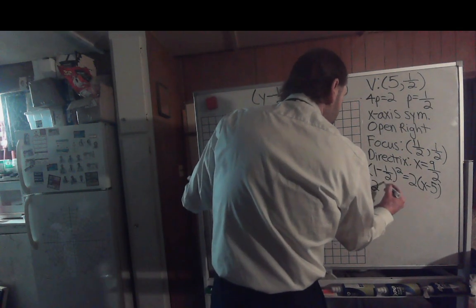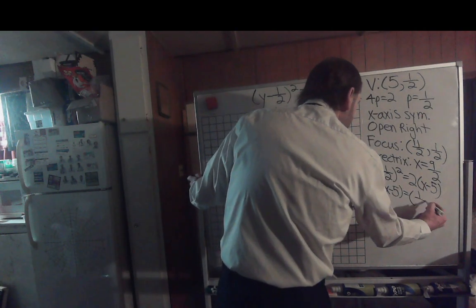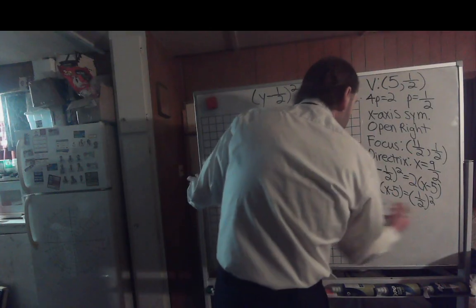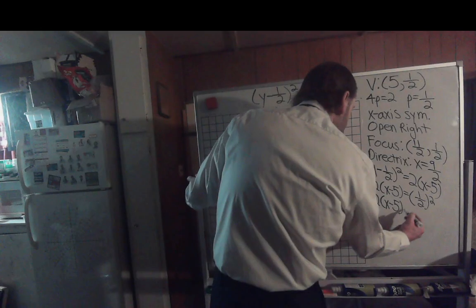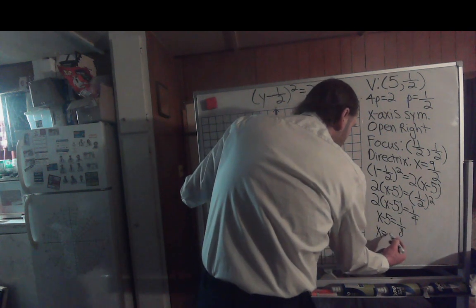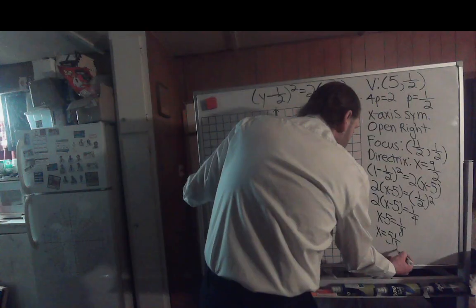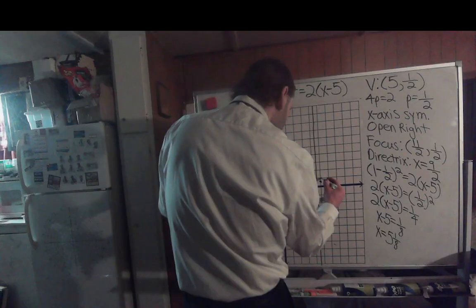So that gives you 2 times the quantity of x minus 5 equals (1/2) squared. So then 2 times the quantity of x minus 5 equals 1/4. So then x minus 5 equals 1/8, which means x would have to equal 5 1/8. So you would get 5 1/8, 1. So that's going to put you right about here.